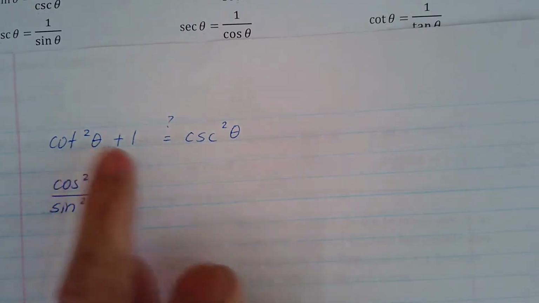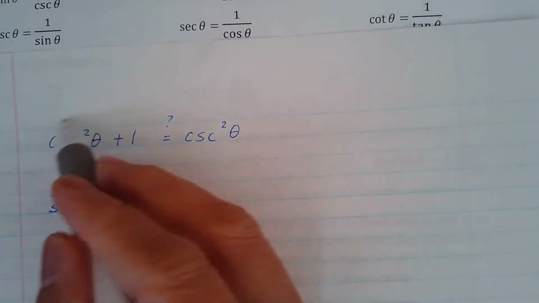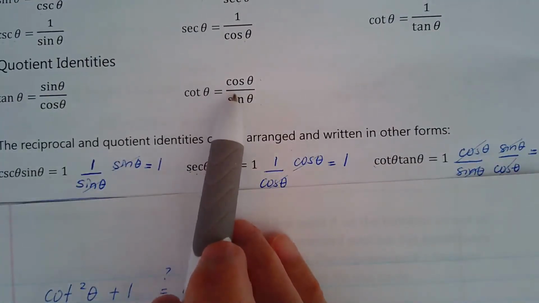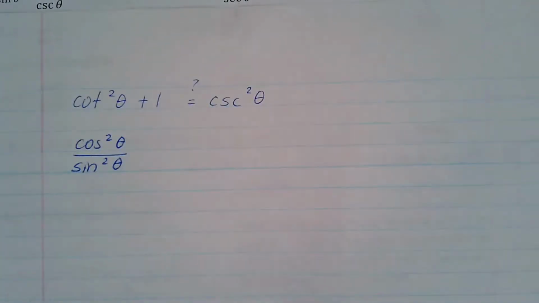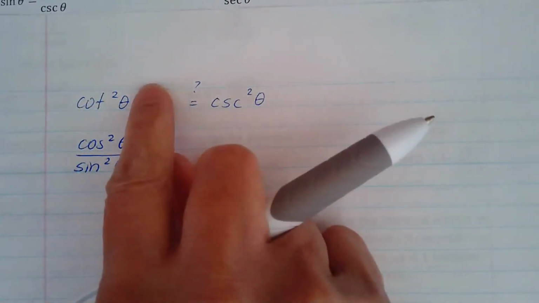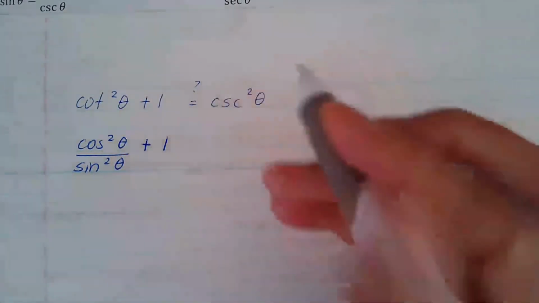So we can rewrite this as cos squared theta over sine squared theta, plus 1. I'm going to work this out and show that it's equal to that.